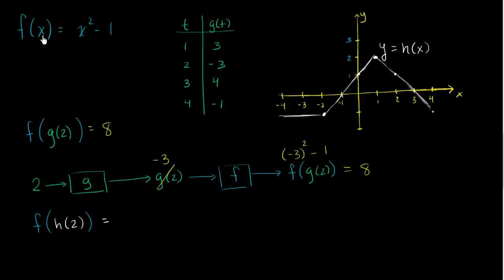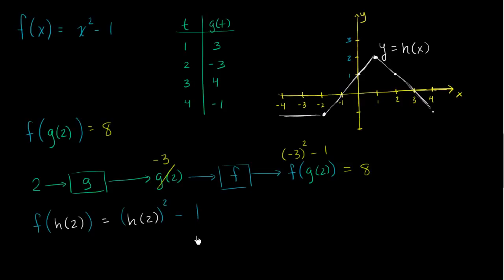So whatever the input is, you square it and subtract 1. Here, the input is h of 2. And so we're going to take the input, which is h of 2, square it, and then subtract 1. So f of h of 2 is h of 2 squared minus 1.